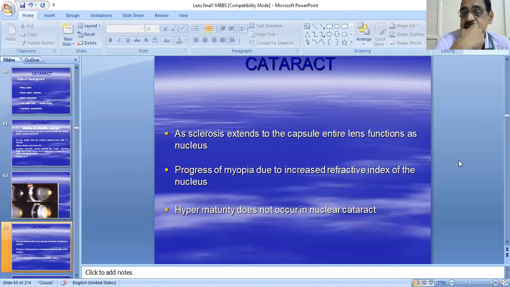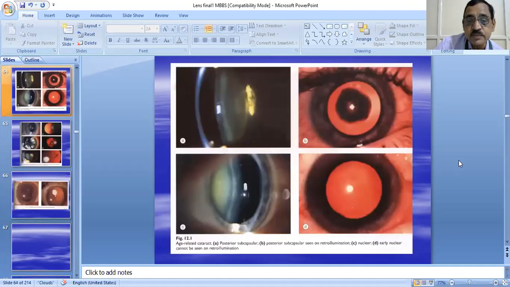As sclerosis extends to the capsule, the entire lens functions as nucleus. There is a progressive myopia due to an increase in the refractive index of the nucleus. The normal nucleus has a refractive index of around 1.392, range 1.38 to 1.41. As the refractive index increases, the patient's myopia also increases. Hypermaturity never occurs in nuclear cataract.